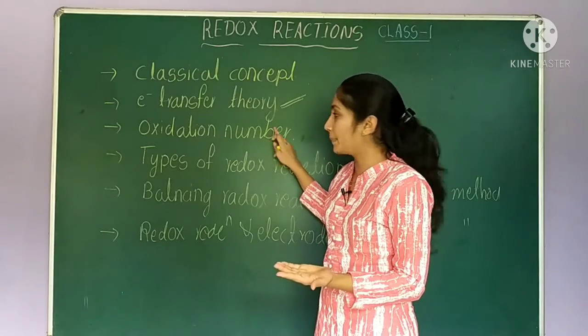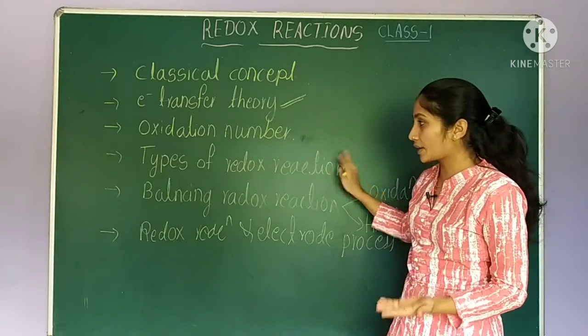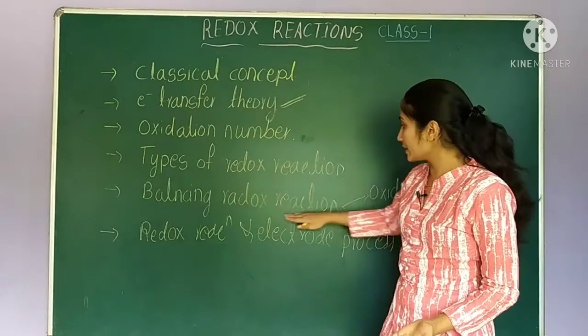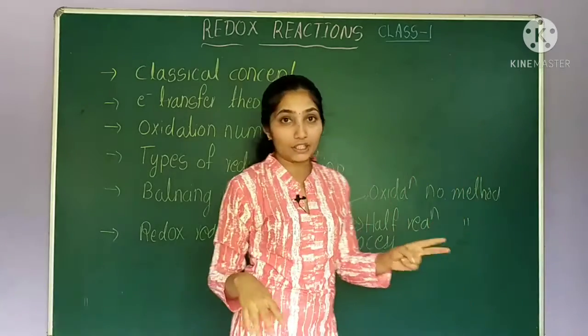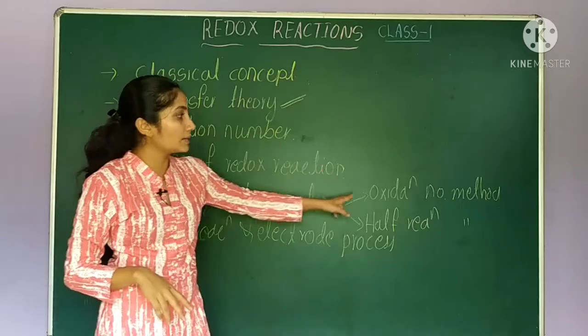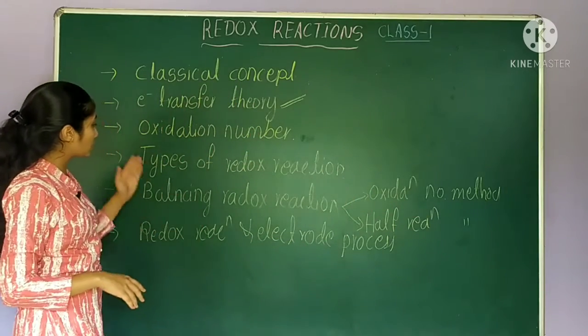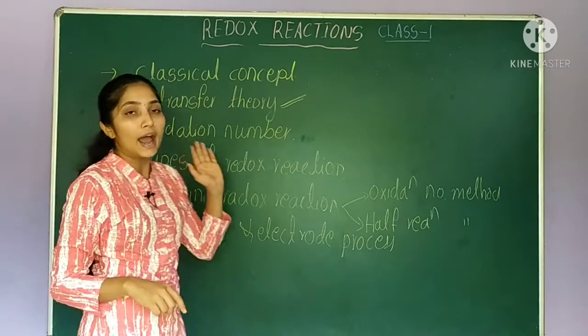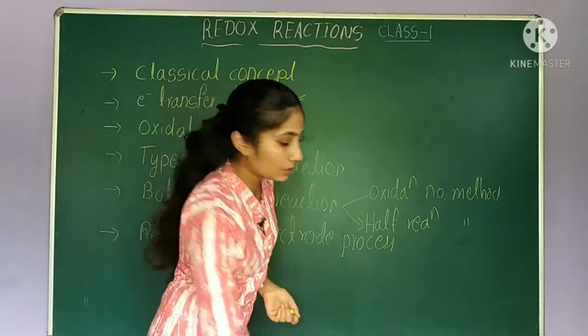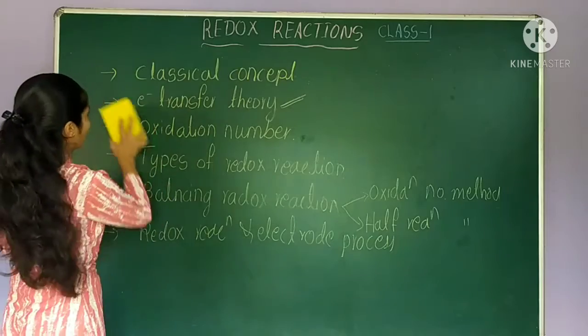It's a very important topic. Next is types of redox reaction, and the fifth topic is balancing redox reaction. There are two different methods for balancing: oxidation number method and half reaction method. And the sixth one is redox reaction and electrode processes, okay? So let us start with classical concept.